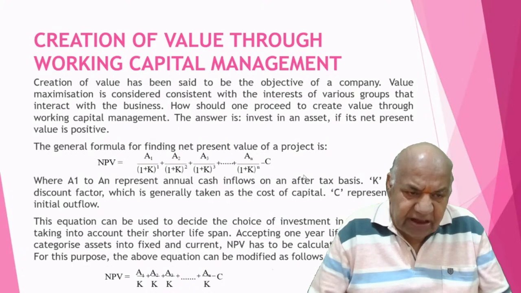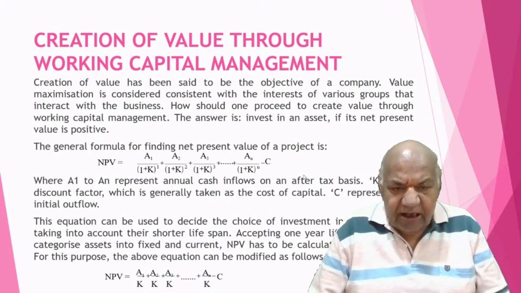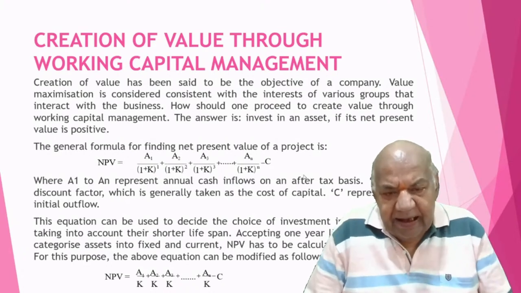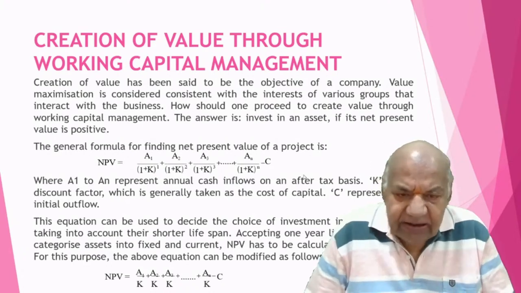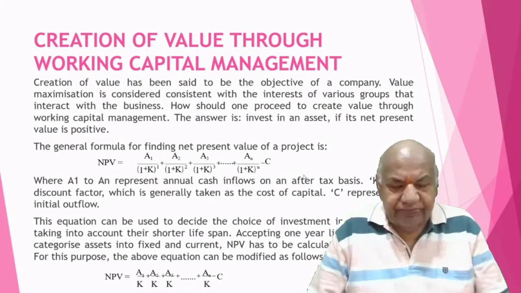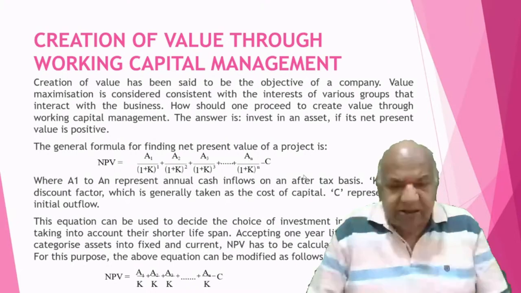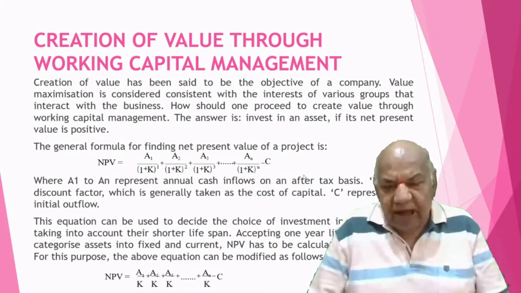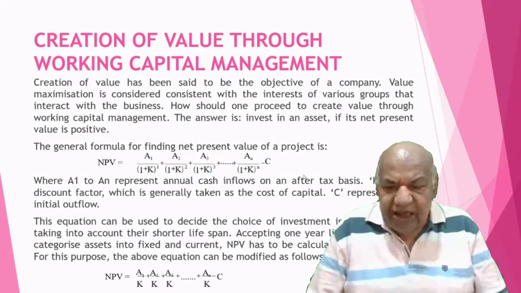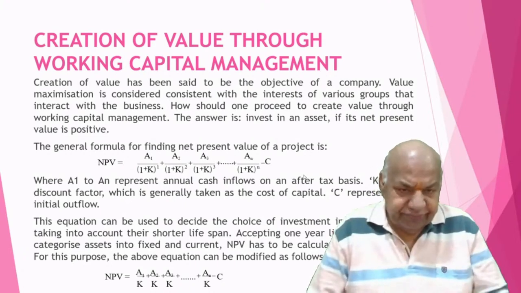A1 for the first year, A2 for the second year, A3 for the third year, and so on, An for the nth year. K is the discount factor, which is in practice the cost of capital. C represents the initial outflow.